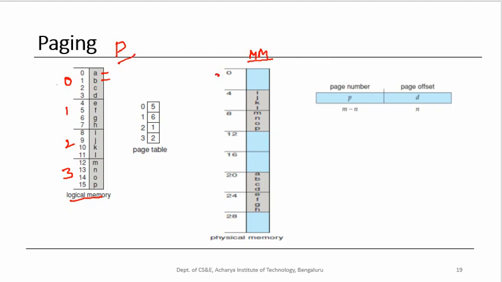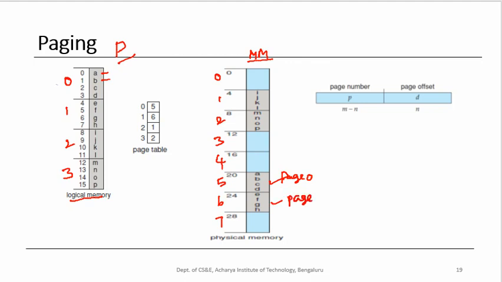Let us also number these frames: frame 0, frame 1, 2, 3, 4, 5, 6, and 7. So page 0 is put in frame 5. Page 0 is here, and page 1 of the process is put in 6th frame.